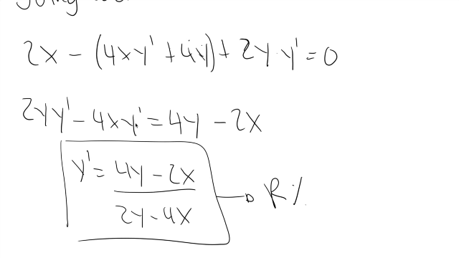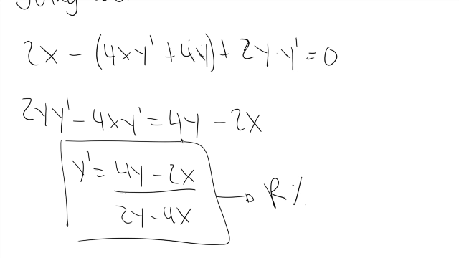Then I do common factor of y prime. If I do common factor of y prime, what you guys will get is 2y minus 4x, factor of y prime, equal to 4y minus 2x. So as you can see, the 4y minus 2x stays exactly the same. I took factor of y prime, and then the 2y minus 4x that is going to be the result, I send it underneath to divide.